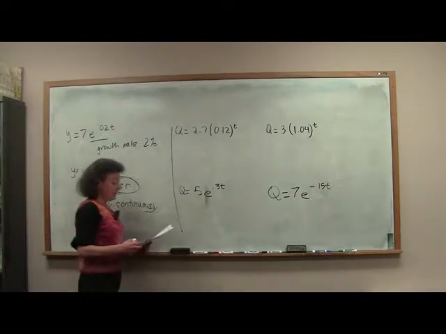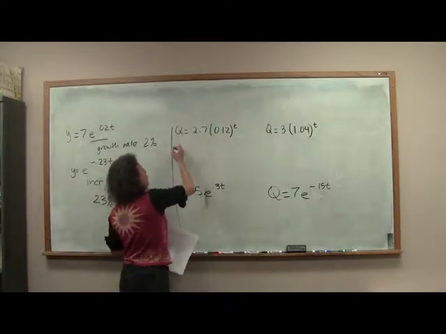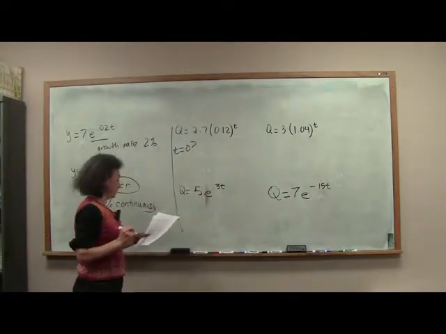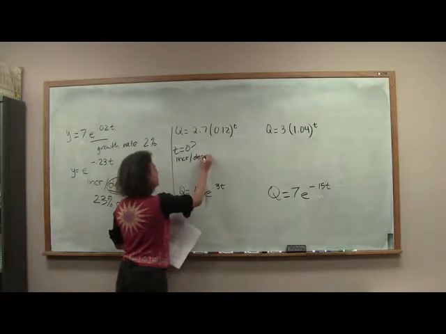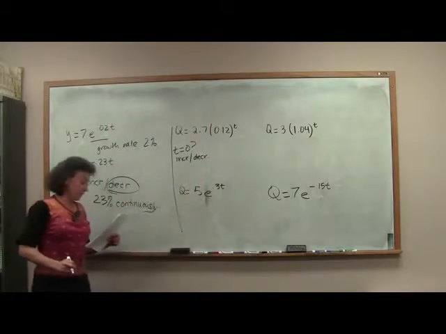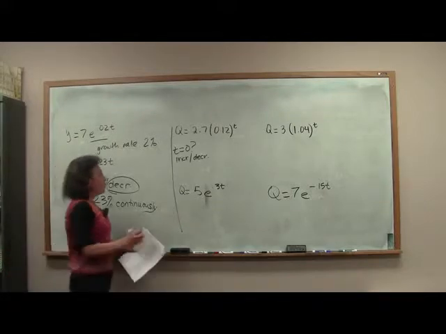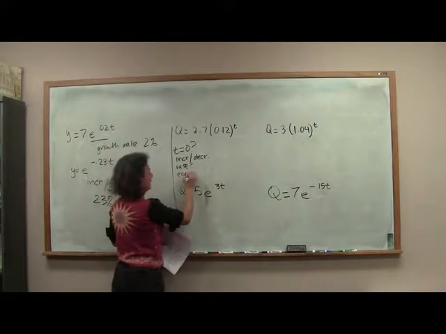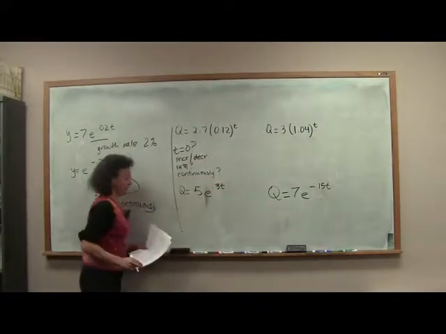Now, for each of these, I want to know what is the quantity at time 0. I want to know, is the quantity increasing or decreasing over time? What is the rate at which it is? And is it increasing or decreasing continuously?